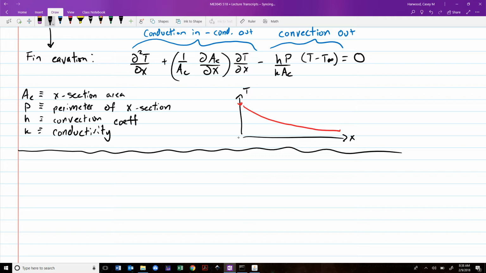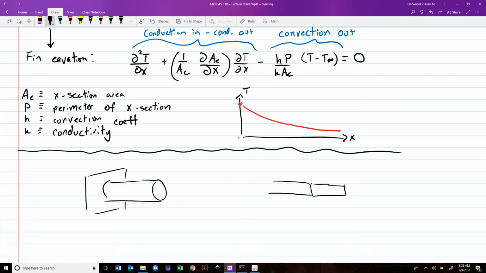So this might look like a circular fin. Alternatively, it could be a rectangular fin. Or really any other shape of fin is acceptable.